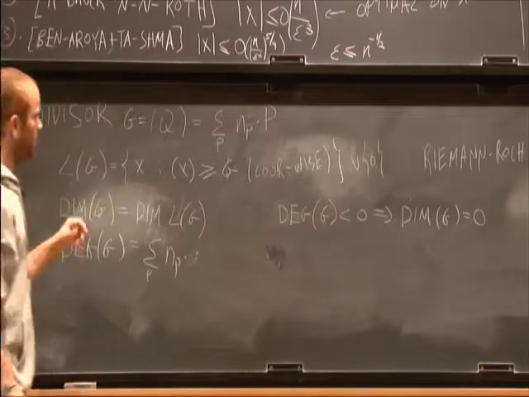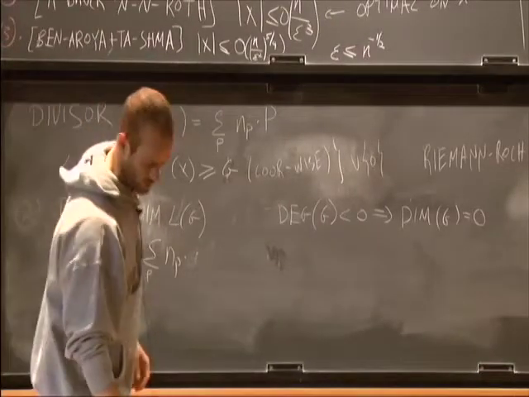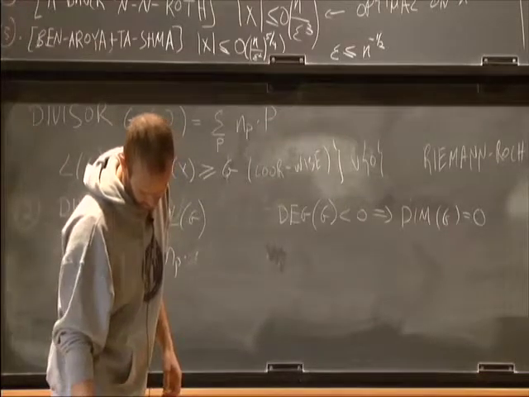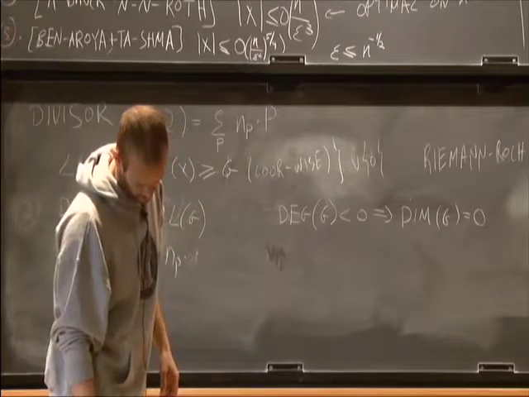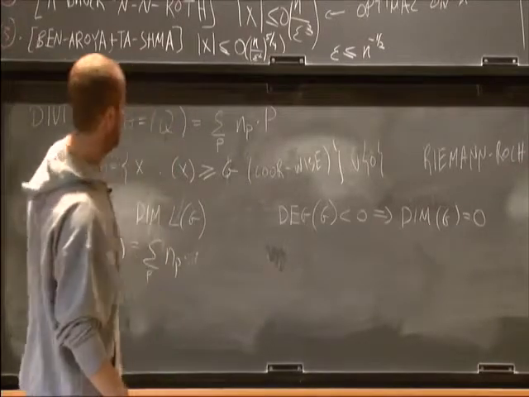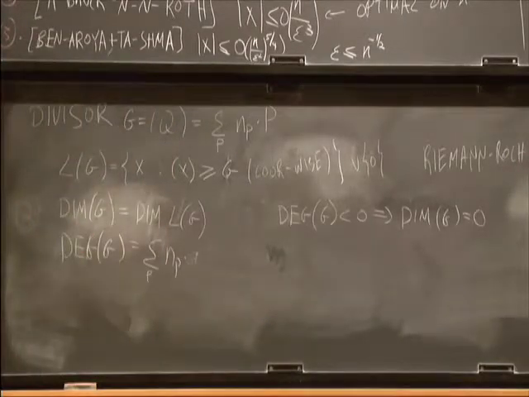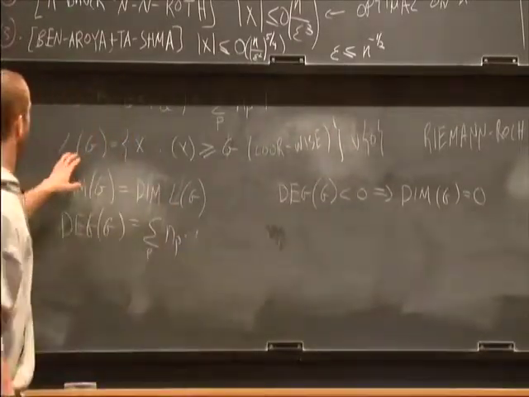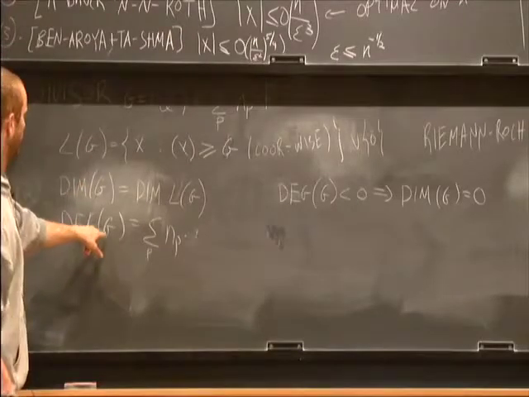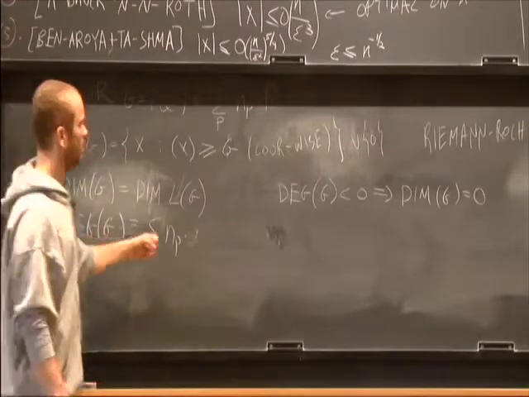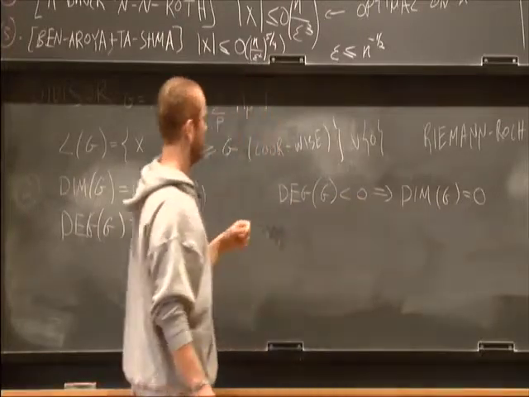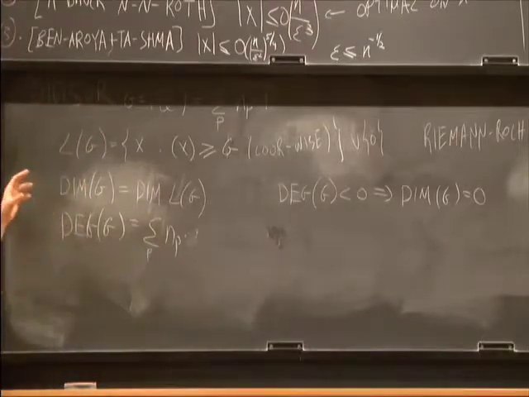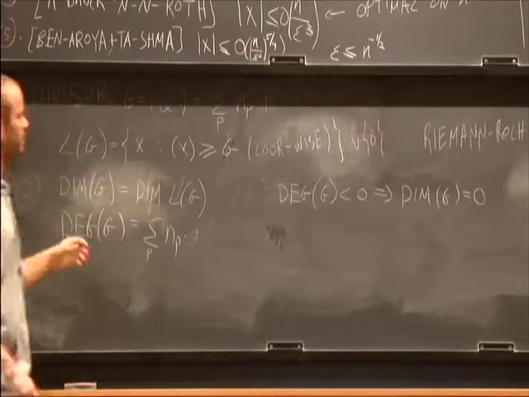And the Riemann-Roch theorem, which I don't think I wrote down, tells us that if the degree is not smaller than 0, is bigger than the genus, or like two times the genus minus 1 or something.